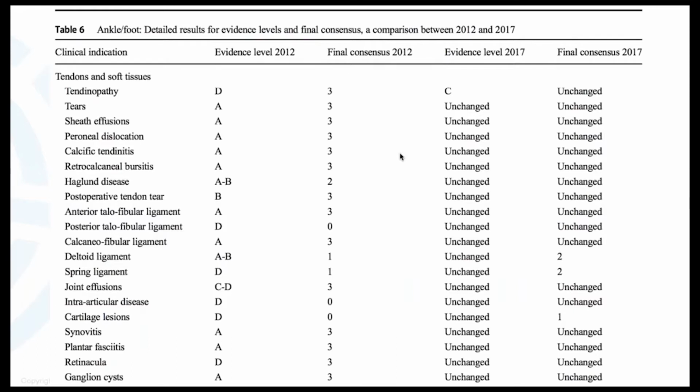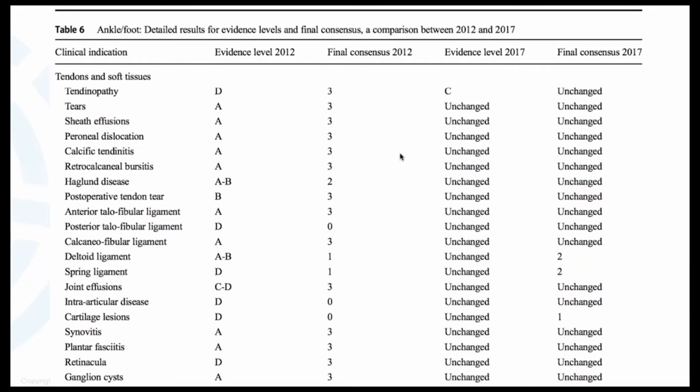For example, let's start with tendinopathy. It has a level 3 in 2012, and 3 is the highest the article can get, or this disease can get. 0 is the lowest. And in 2017, all radiologists still agreed that a tendinopathy scores a 3. So a tendinopathy you can really check well with ultrasound.